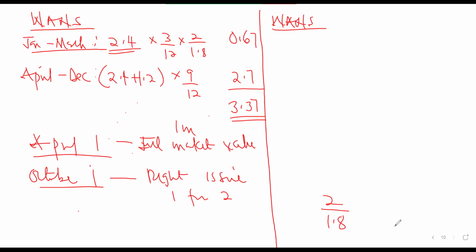It will be done on the shares one by one. So January to April 1, you have your 2.4 multiplied by 3 over 12 multiplied by 2 over 1.8.